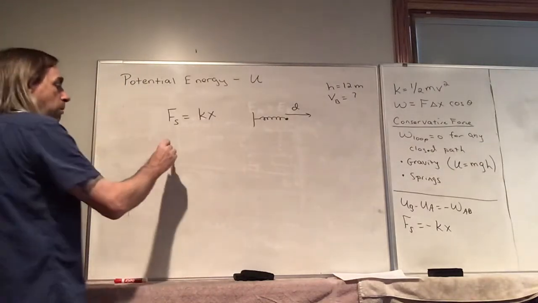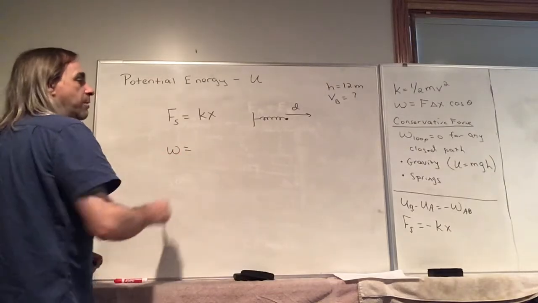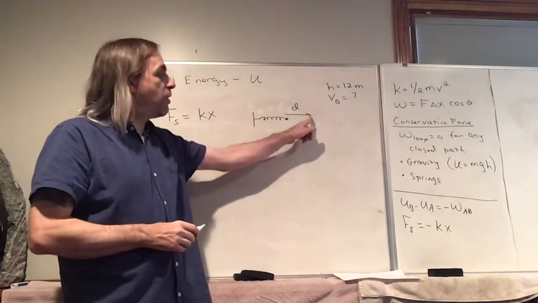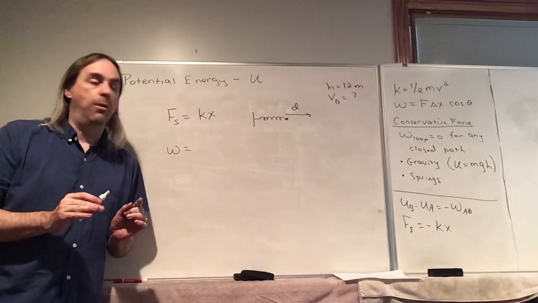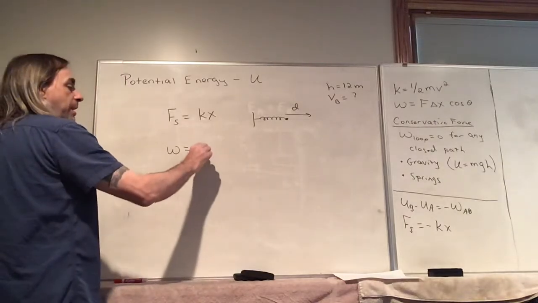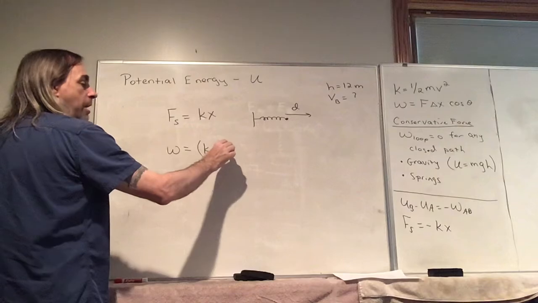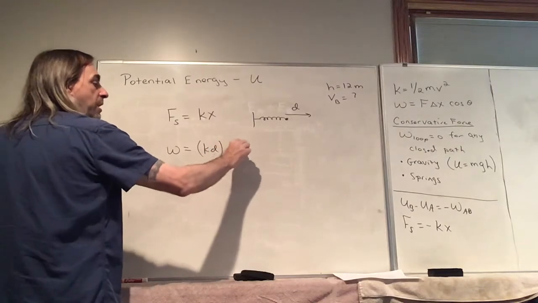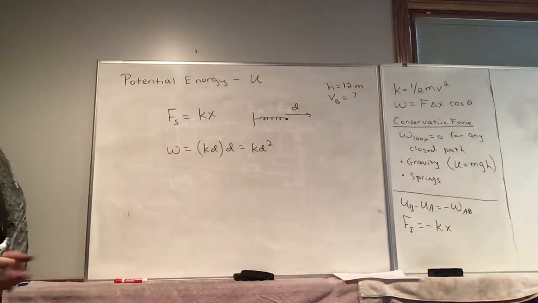Let's calculate the work done by the spring force, just the magnitude. Now, this is a wrong way to solve this problem. We extended a distance d where the force would then be k times d. And then we multiply it by the displacement, which is d. And we get kd squared.